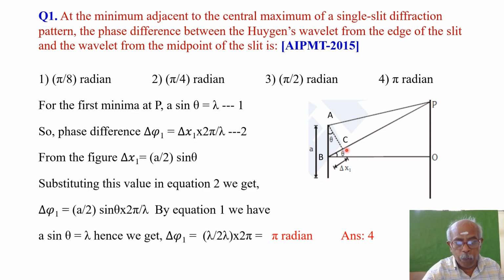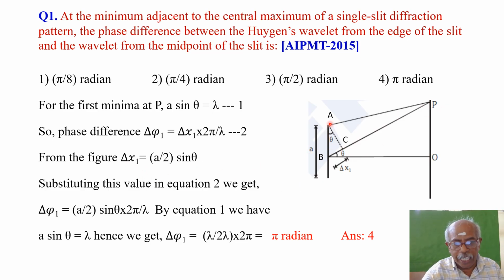That means opposite side by hypotenuse is sin theta. Sir, whether the angle PBO theta and the angle BAC is also equal to theta, is it right, sir? Let us look into them.